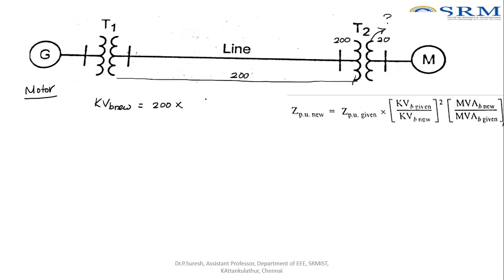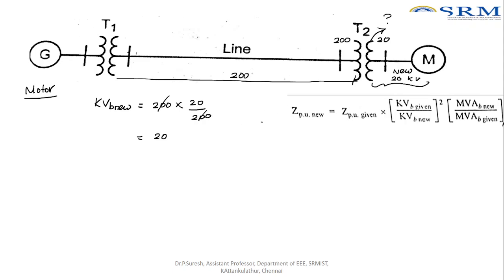So it should be written as 20 by 200. So we can take the new value of voltage as 20 kV. From the secondary of the transformer up to the motor, the voltage is 20 kV. This is the new voltage.